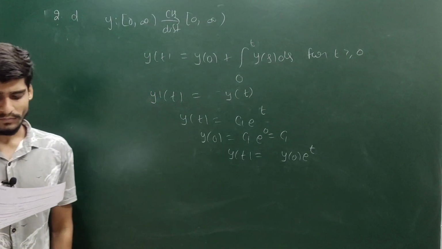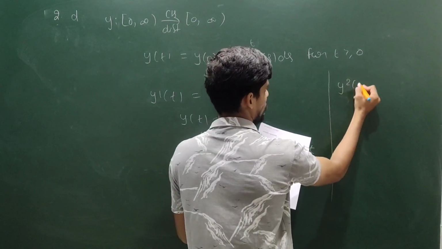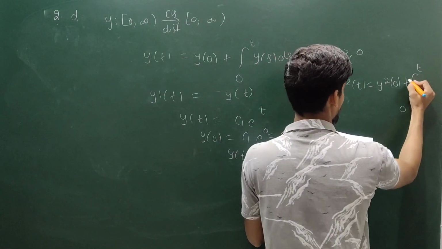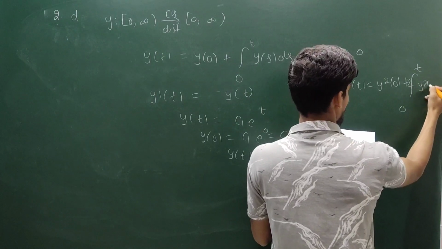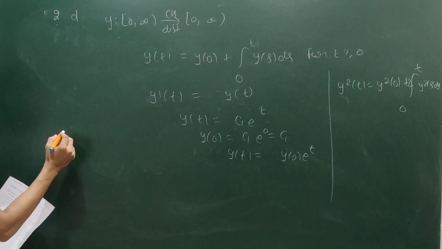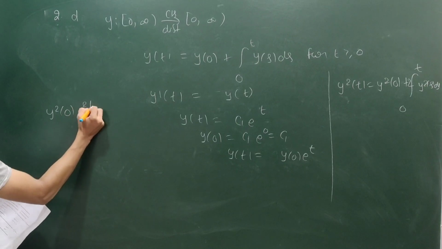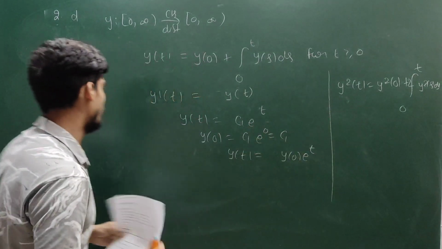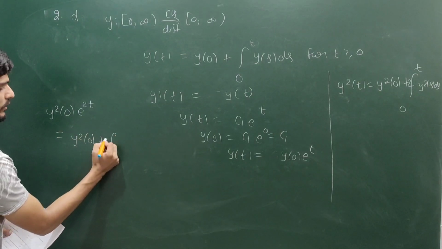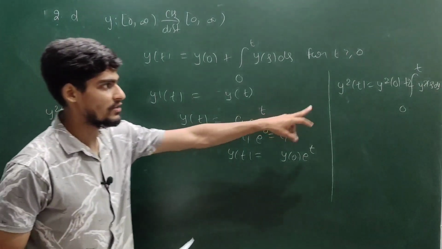Now if you come to option B, they have given y square t is equal to y square at 0 plus the integral from 0 to t of 2 times y square s ds. So if you see, your left hand side according to this solution is y square at 0 e to the power 2t, and your right side will be y square at 0 plus 2 times the integral from 0 to t of y square s ds.